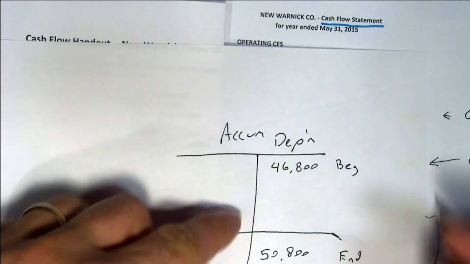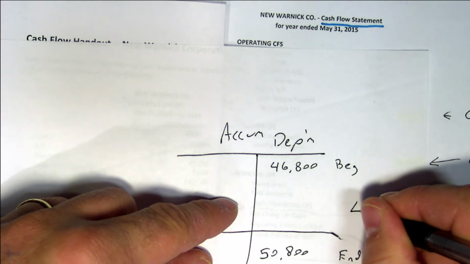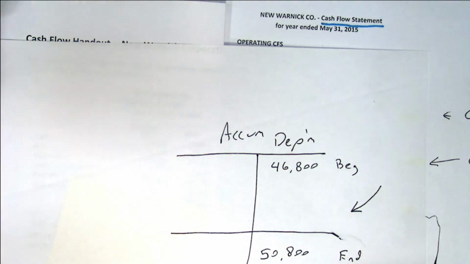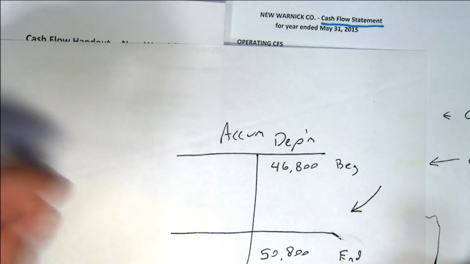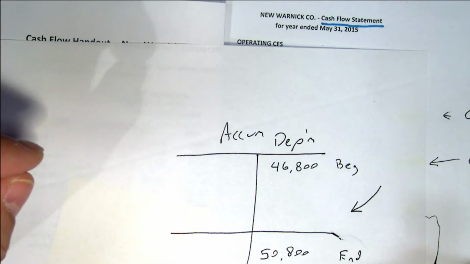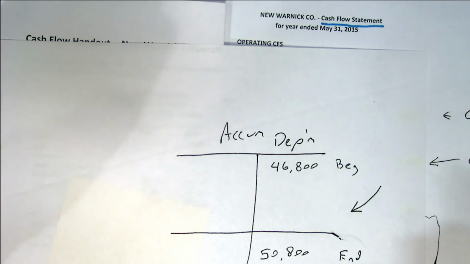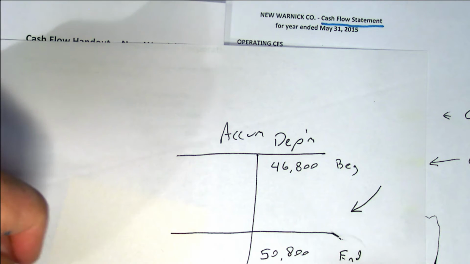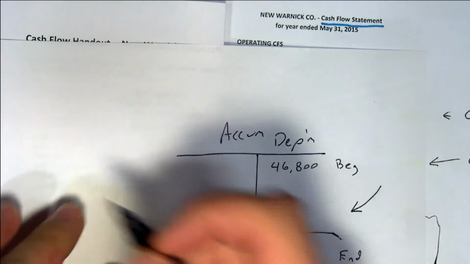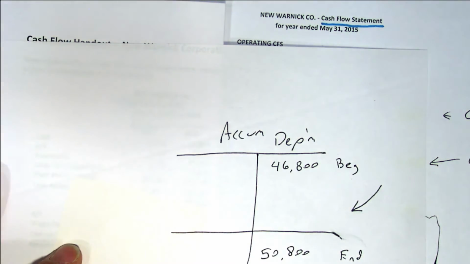Now what I'm going to ask you is this. When do we credit accumulated depreciation? How does accumulated depreciation increase? When you calculate the next amount of accumulated depreciation, when you recalculate monthly. Okay, yeah. Let me clarify what you're saying. When you do your depreciation entry, right?